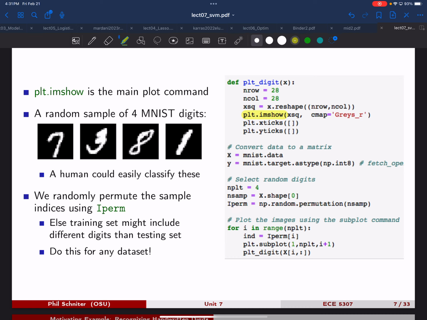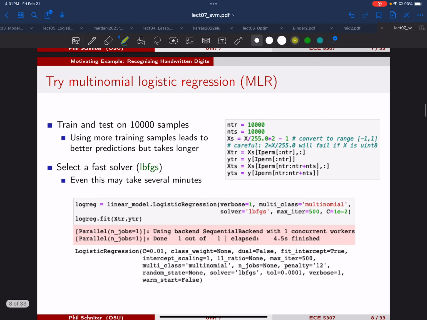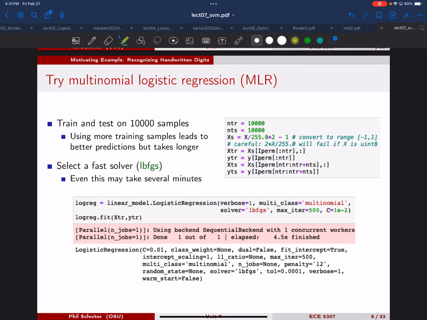Okay. All right, any questions so far? Okay, so the first thing we can do, just to see how well this works, is try the best technique that we learned so far for classification with 10 different targets, and that would be multinomial logistic regression.